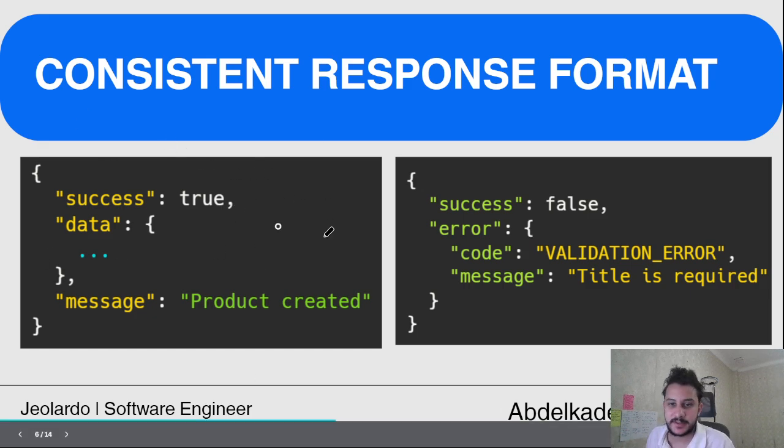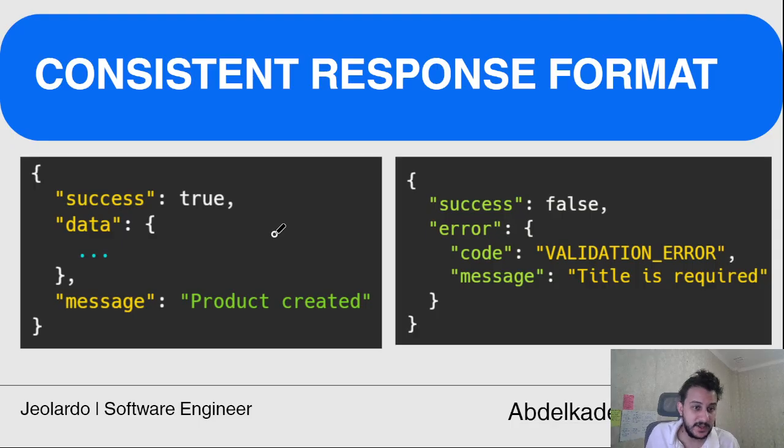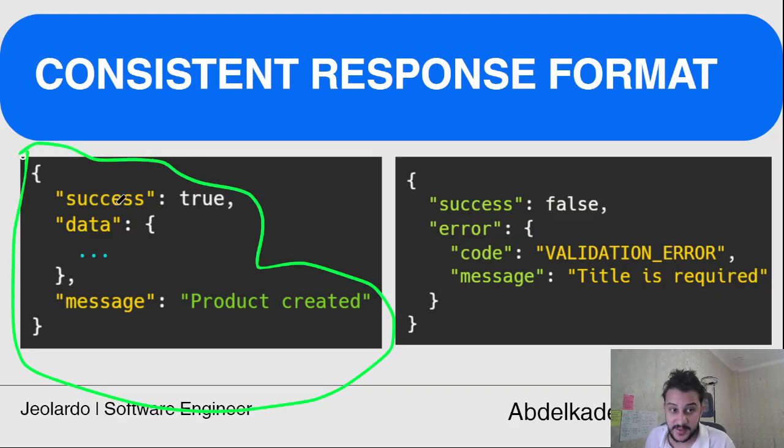Okay, and here as you can see, this structure is more organized, easy to understand, and really professional. So for example, if you want to use this to create new items, keep this the same for all the resources.